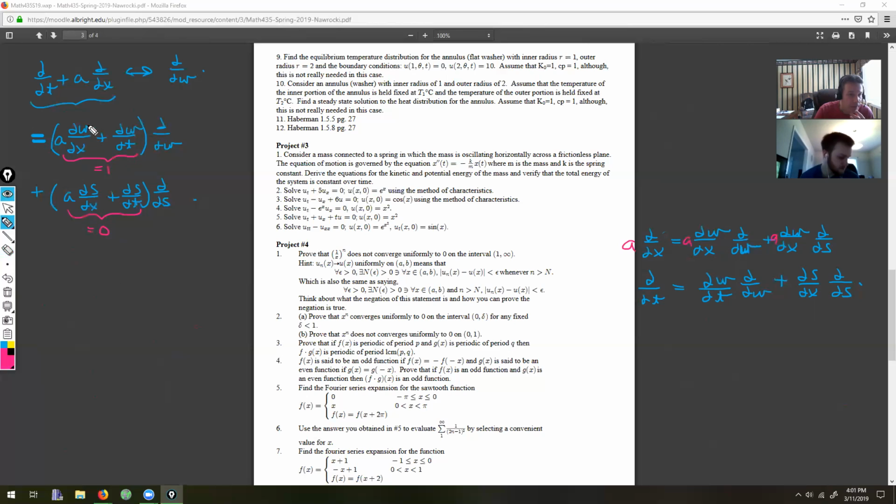Then this guy right here I'm going to pick to be an alpha, this one right here a beta, and this one here a gamma and a delta. This guy right here will be a gamma, and this one right here will be a delta.